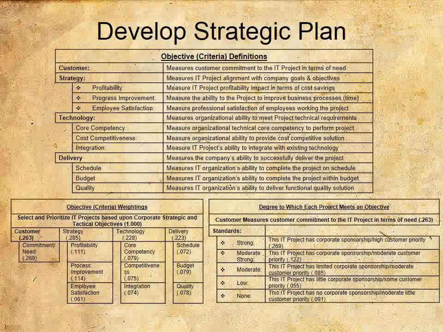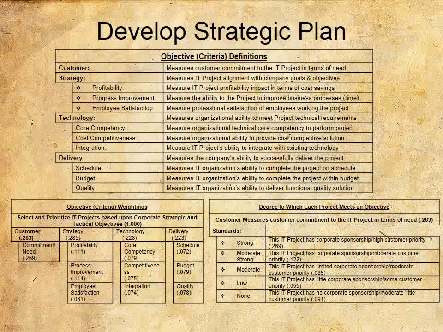There are 3 important points. Defining objectives involves creating definitions that are unambiguous, relevant, achievable, and measurable. Objectives must be categorized according to specific areas: customer, strategy, technology, and delivery categories.